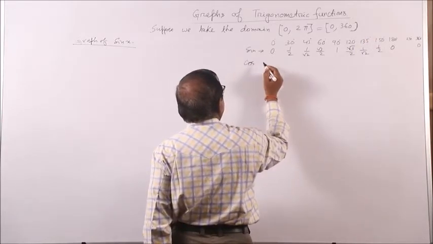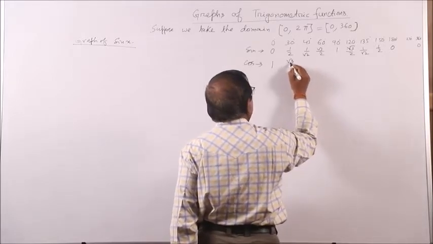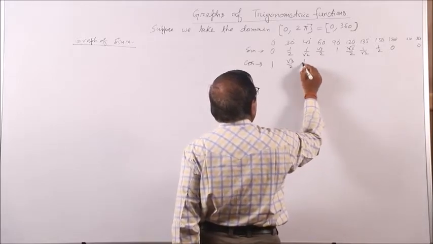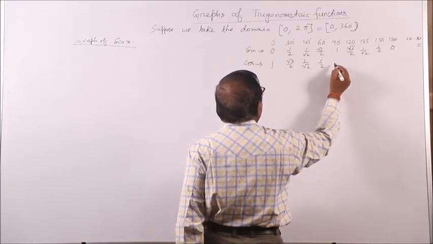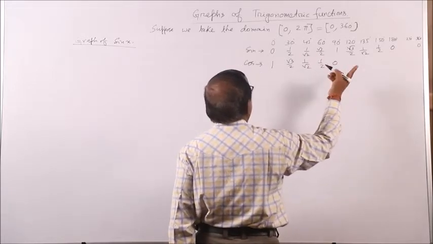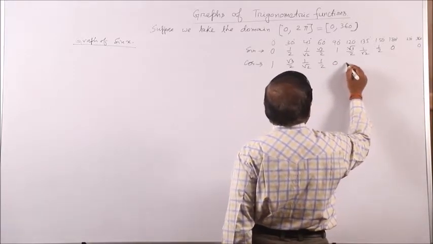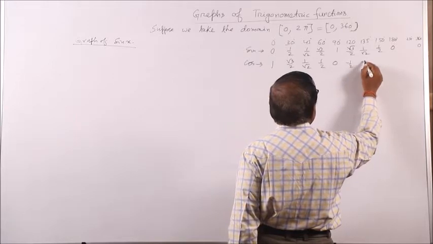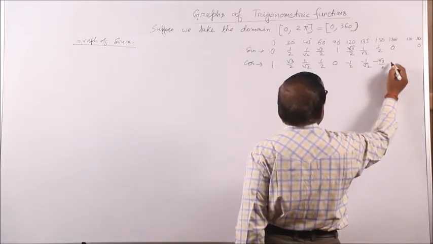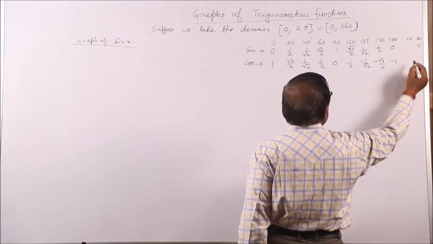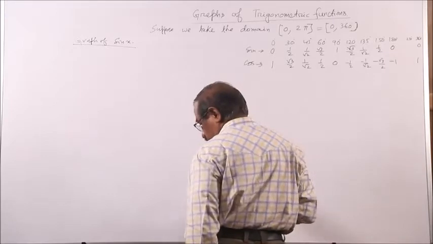And cos: 1, root 3/2, 1/2, half, 0. Here the negatives will come: minus half, minus 1/2, minus root 3/2, minus 1, and this will be again 1. So, the pictures will be like this.